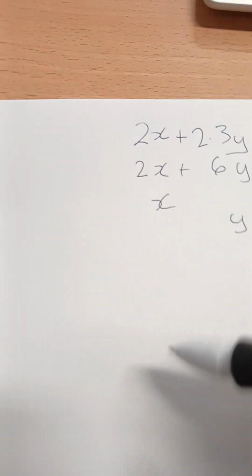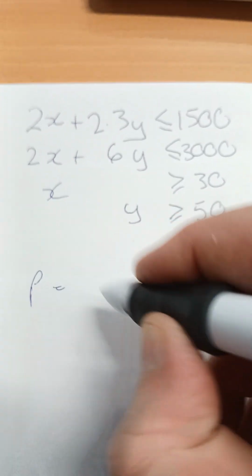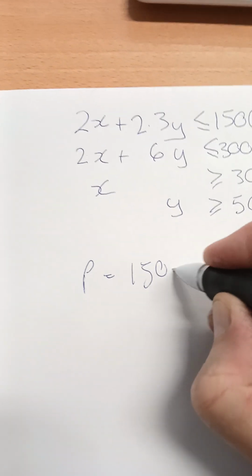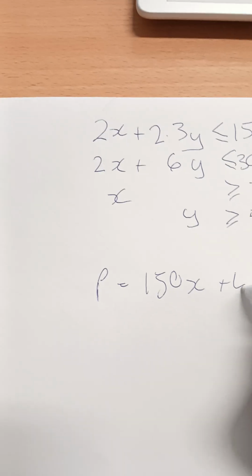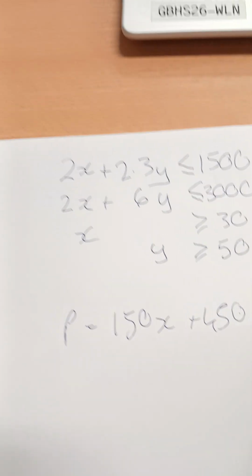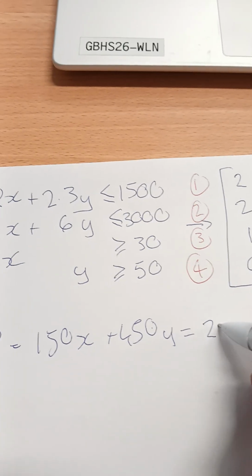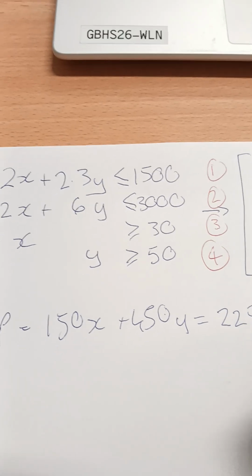So we've made a profit equation of 150x plus 450y equals 225,000.